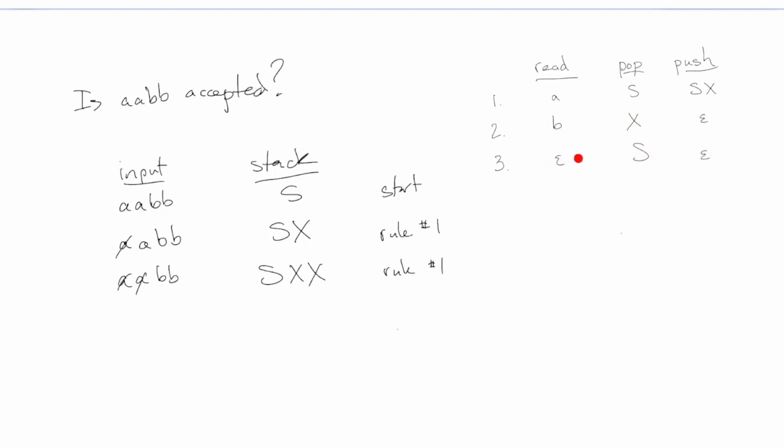Rule 3 is an epsilon read, which means we don't use any letters up. We just do what it says about pop and push. So at this point, maybe I'll just put a little commentary here. Now, rule number 2 can't apply, because we can't pop X.